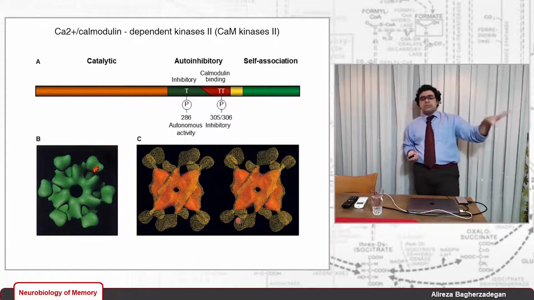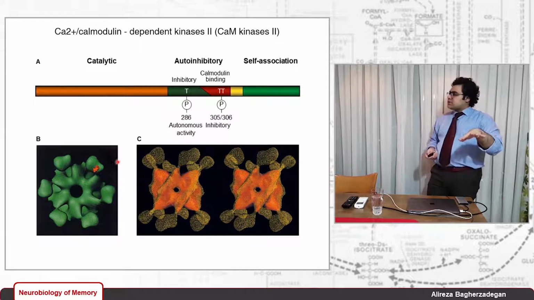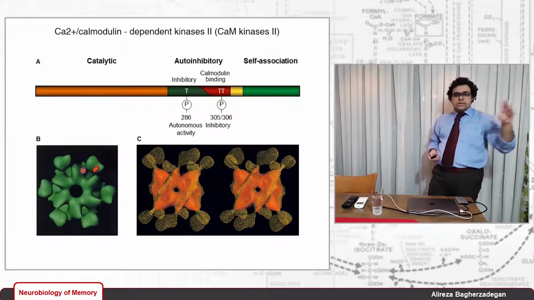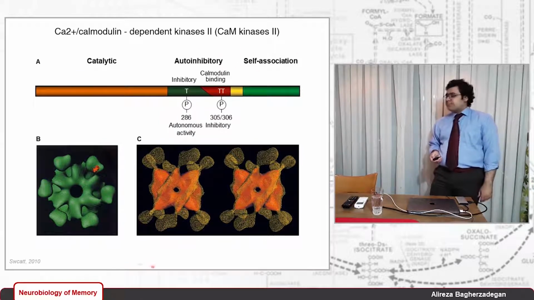I'm going to explain that later in the lecture on explicit memory, but it has a lot of important roles in signal transduction pathways in the nervous system. So now let's see how CaM-kinase II is activated.